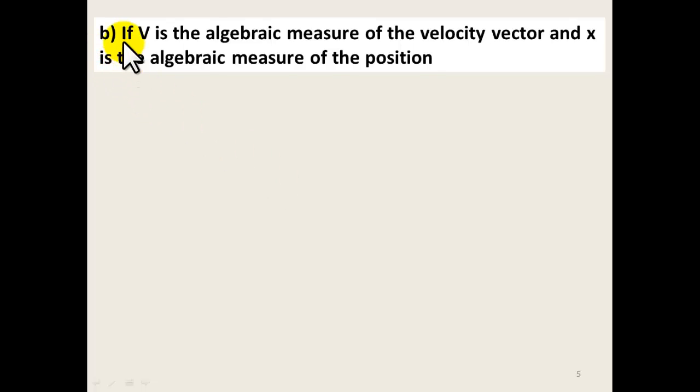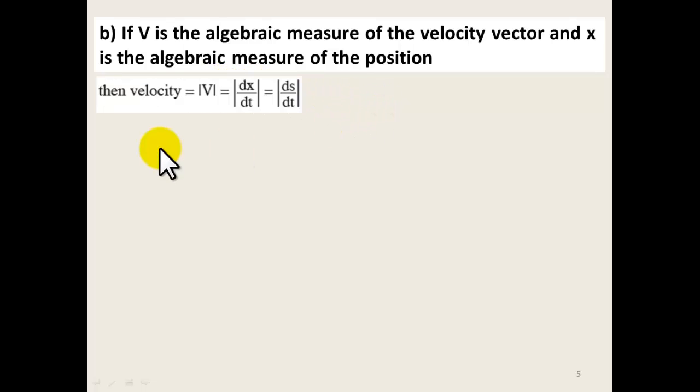B. If v is the algebraic measure of the velocity vector and x is the algebraic measure of the position, then the speed equals the absolute value of v, which equals the absolute value of dx by dt, which equals the absolute value of ds by dt.